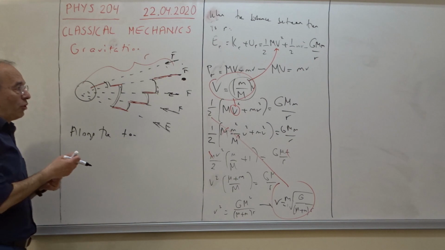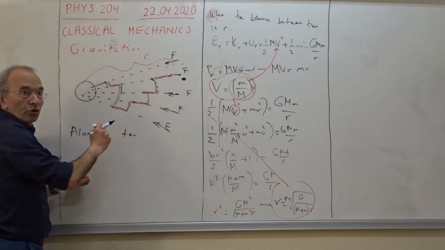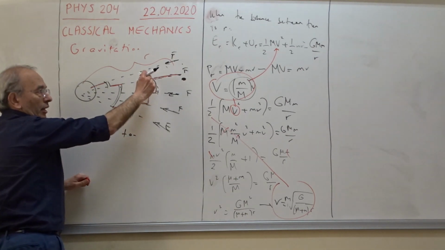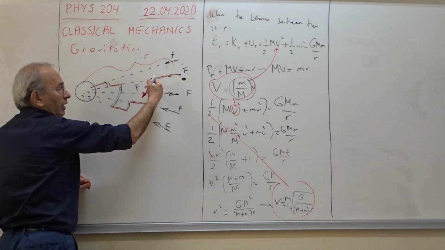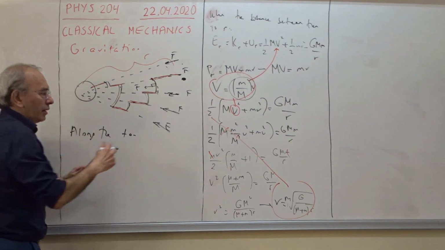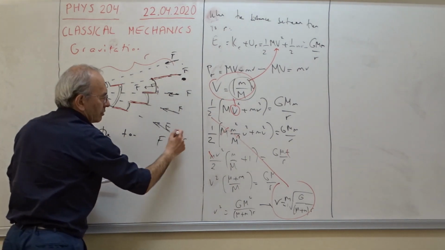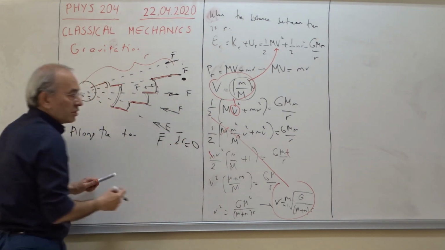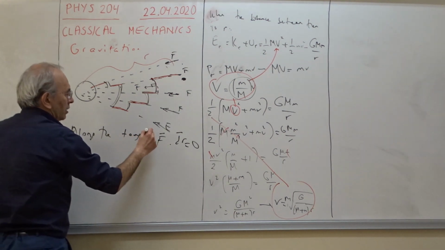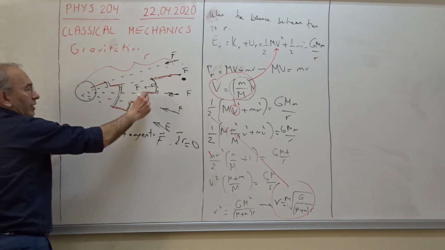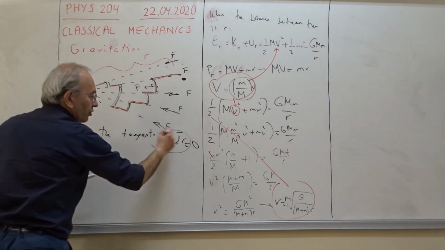So for example, when the object is here for a moment and then it goes along a tangent, in that case the force is making an angle of 90 degrees with dr. F dot dr, remember? F dot dr will be 0 along the tangents, these black curves.